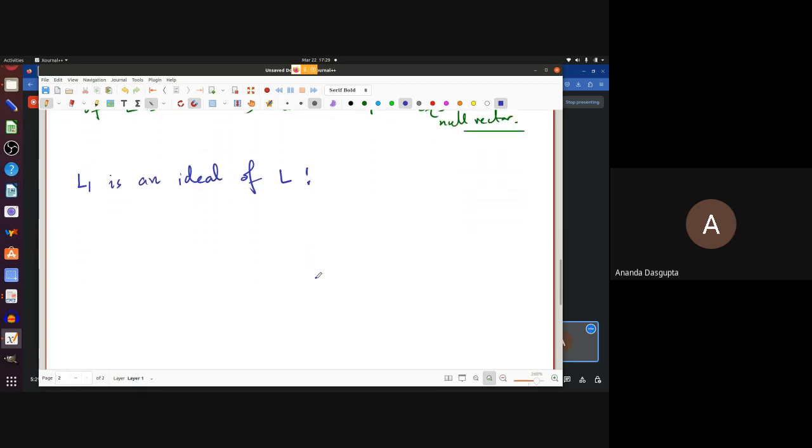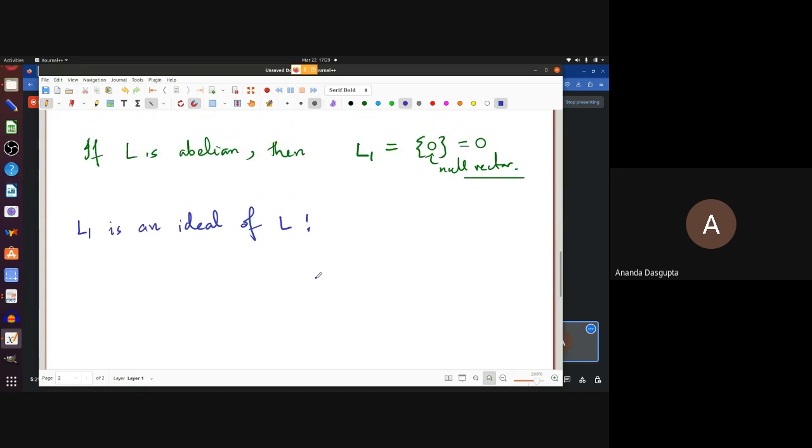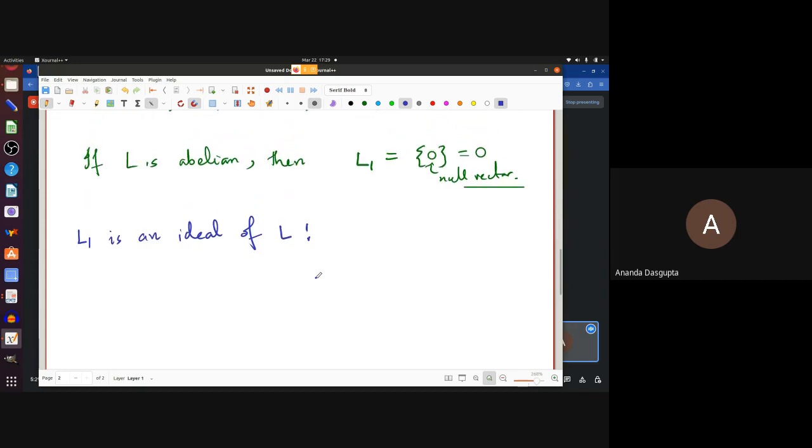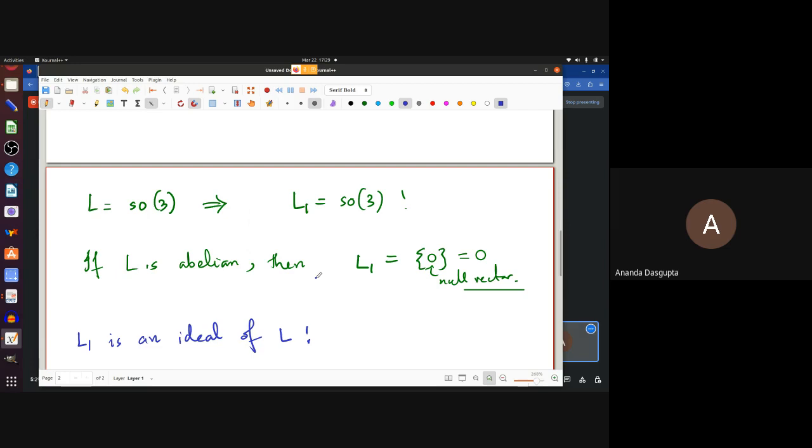Okay. Now, how do you show that? Remember, L1 is the span of all Lie brackets of any element of L with any element of L. Those results are, of course, elements of L, right? No problem with that. First of all, it has to be a subalgebra.